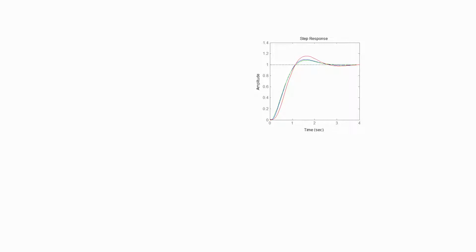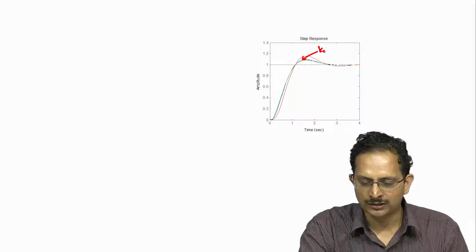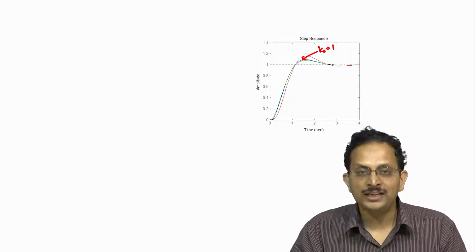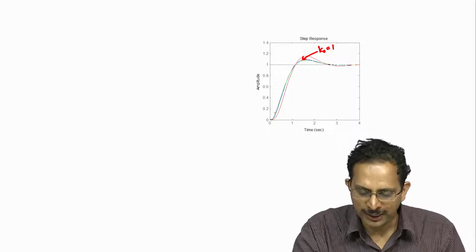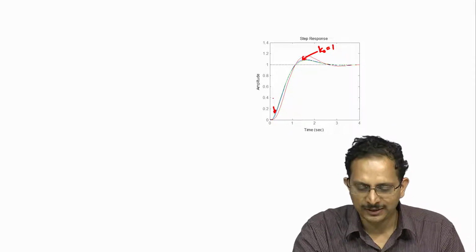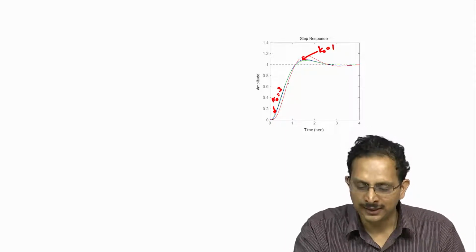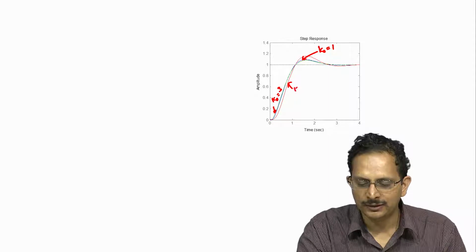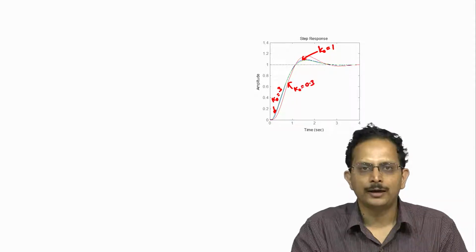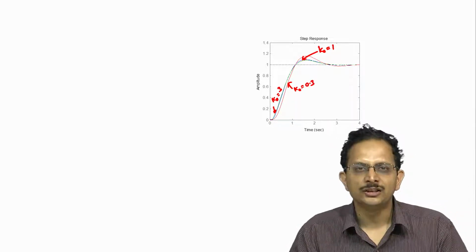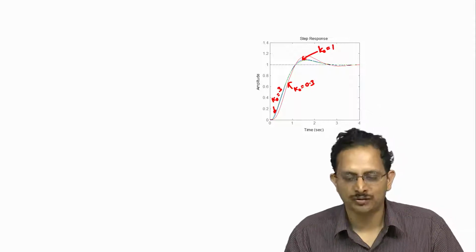The blue trace is the response when the gain is at its nominal value, K0 equal to 1, the green trace is for the case when K0 is equal to 3, and the red curve is for the case when K0 is equal to 0.3, and all of these three sit almost exactly one on top of another.